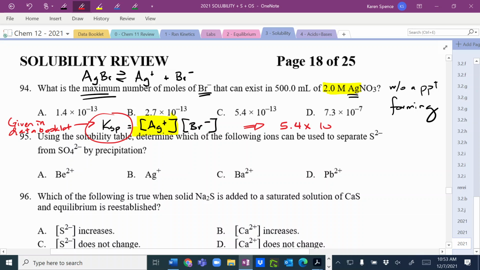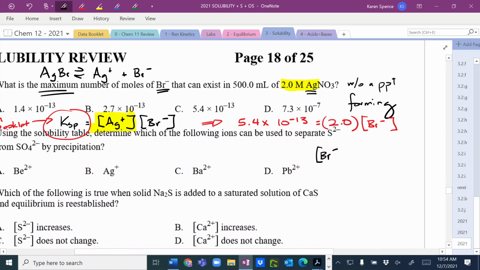5.4 times 10 to the negative 13 is equal to 2 molar Ag times the concentration of Br minus. So the concentration of Br minus then will be 5.4 times 10 to the negative 13 divided by 2.0.